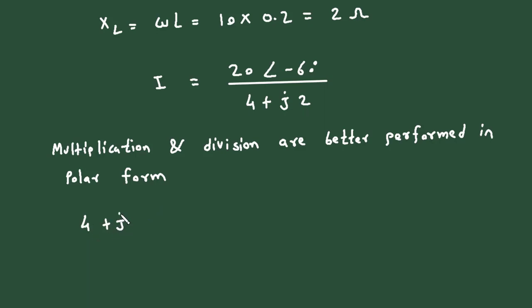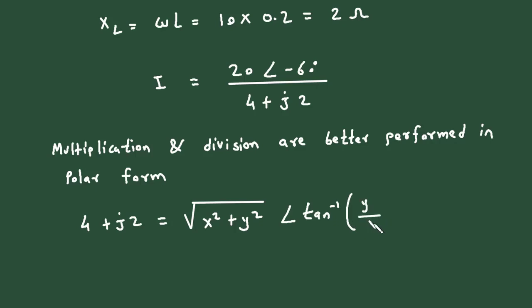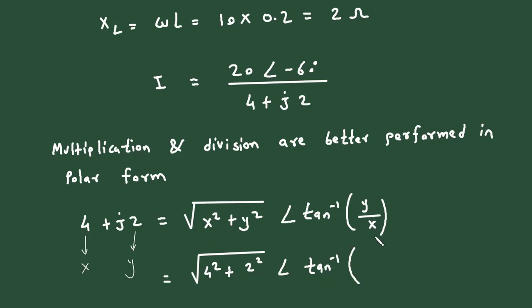So 4 plus j2 is equal to under root of x square plus y square at an angle tan inverse of y by x. Here this 4 represents x and this 2 represents y. So this should be under root of 4 square plus 2 square at an angle tan inverse of y by x. The value of y is 2 and the value of x is 4.